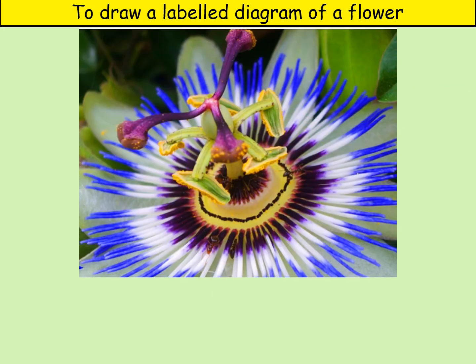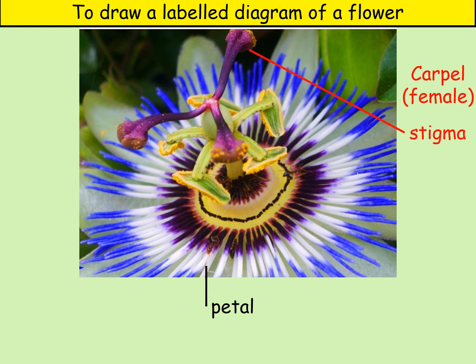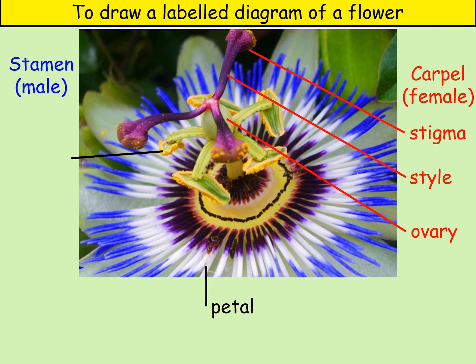Have another go with this passion flower. Petal. The whole of the purple part is the carpal. Stigma, style, ovary. The green parts are the stamen, anther, filament.